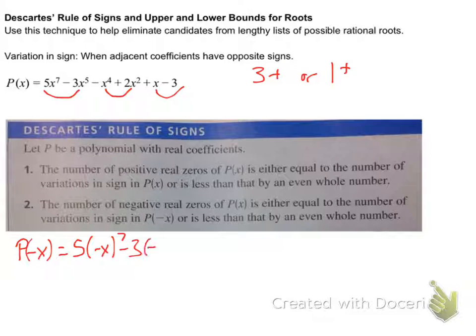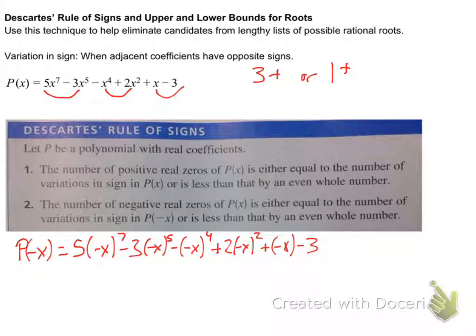Minus 3 times negative x to the 5th, minus negative x to the 4th. You have to remember your order of operations, otherwise you won't do too well on this one. Very easy to mess up on your signs.